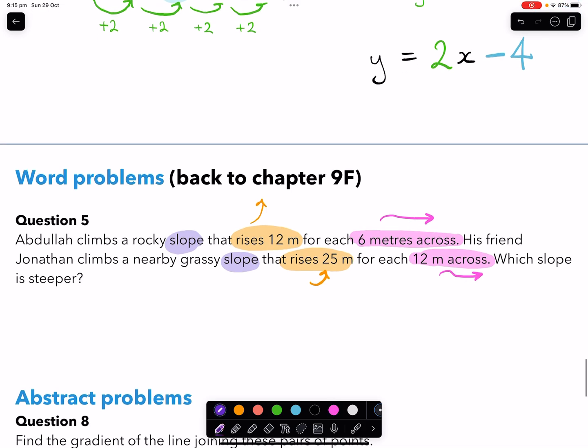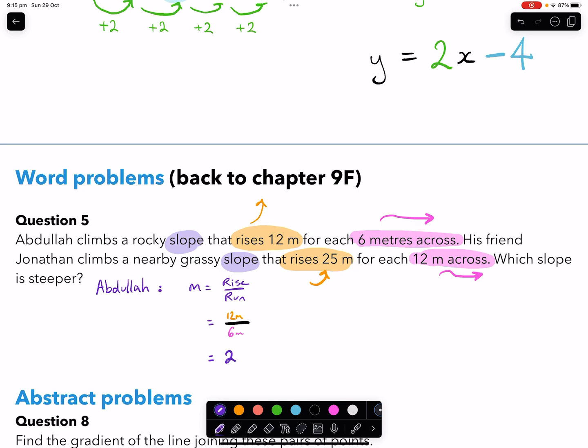Let's quickly do our calculations for Abdullah. I'm just labeling my work, Abdullah. My m is rise over run. Put the numbers in. It rose up by 12 meters, and we divide that by 6 meters across. And processing that, 12 divided by 6 is just 2.